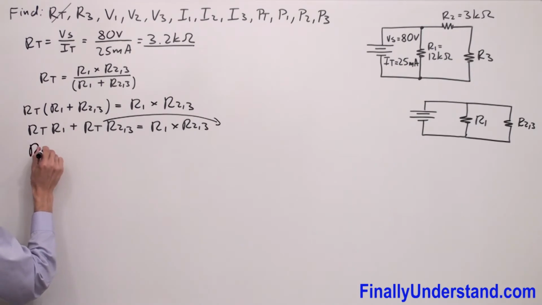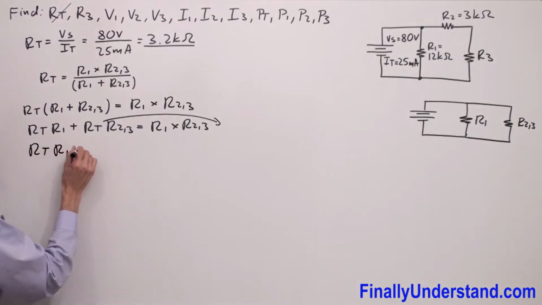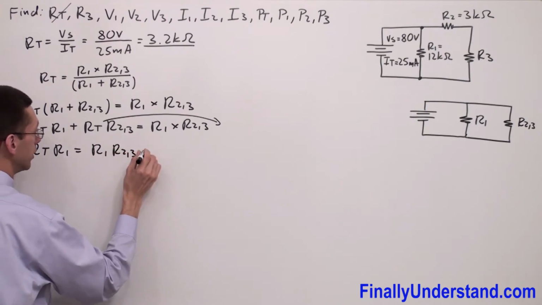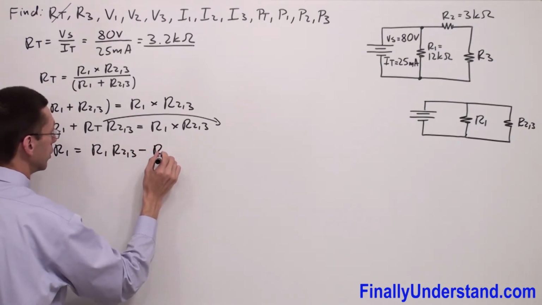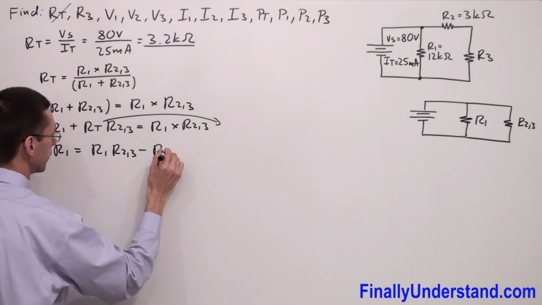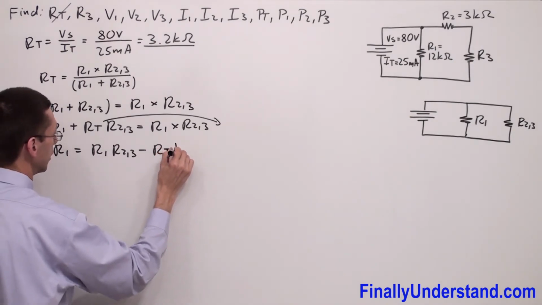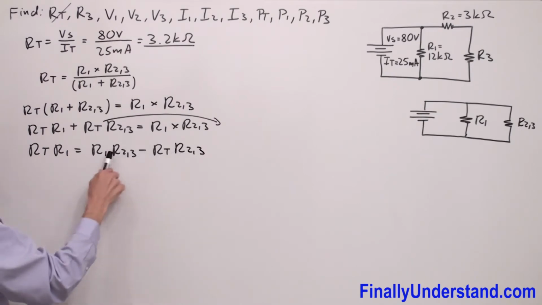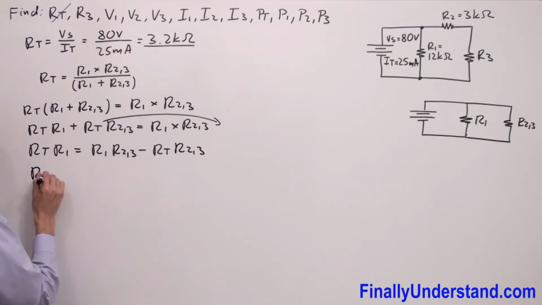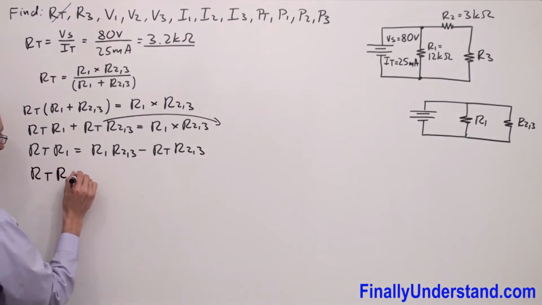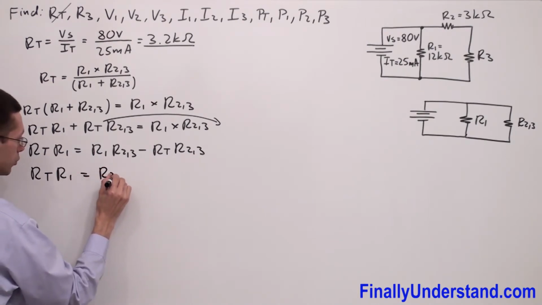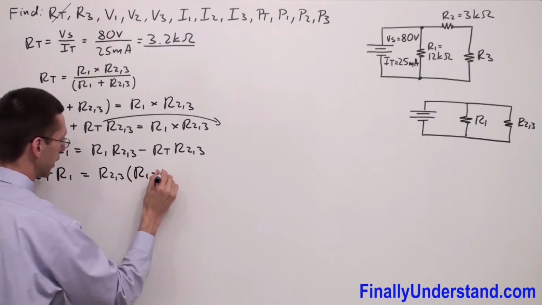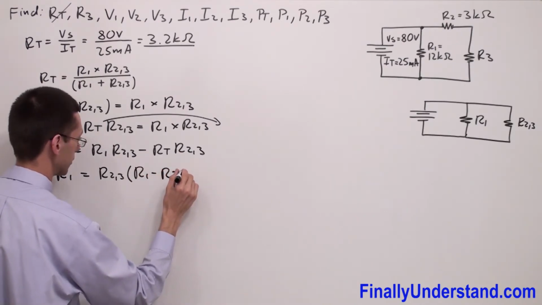So R total R1 is equal to R1 R2,3 minus RT R2,3. Next, I'm supposed to factorize R2,3. So R total R1 is equal to R2,3 times (R1 minus R total).